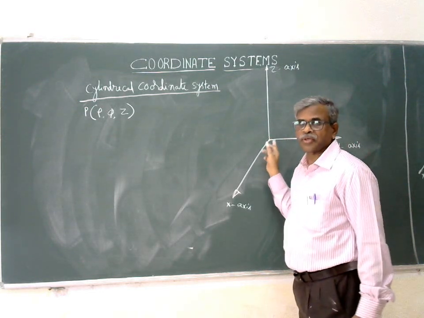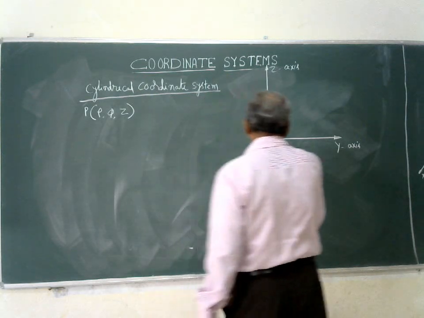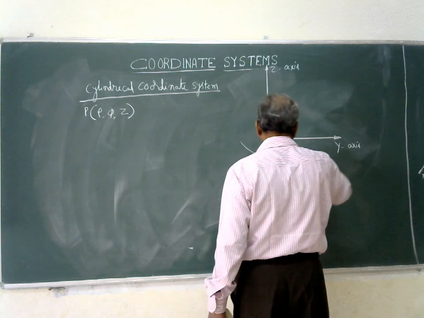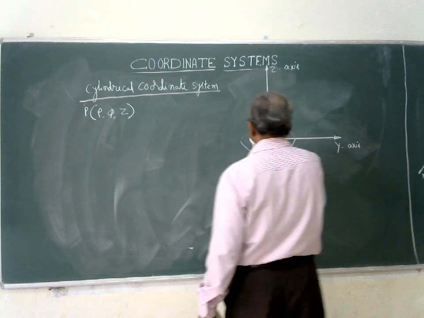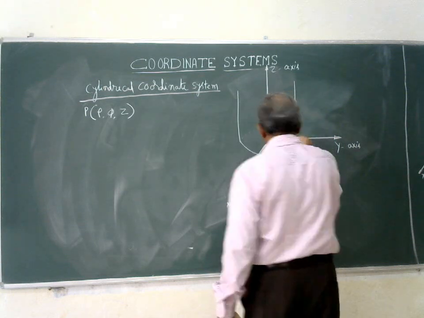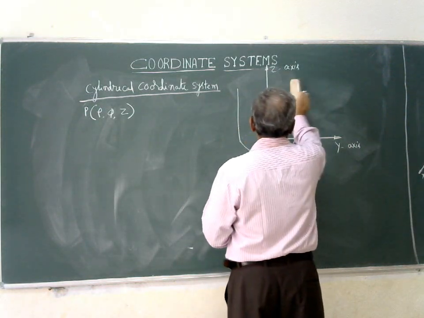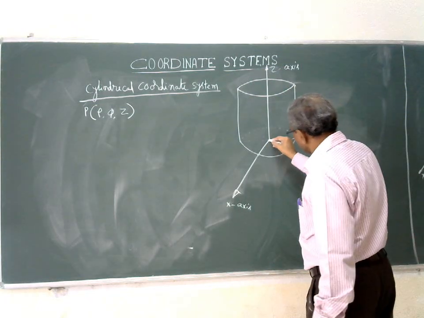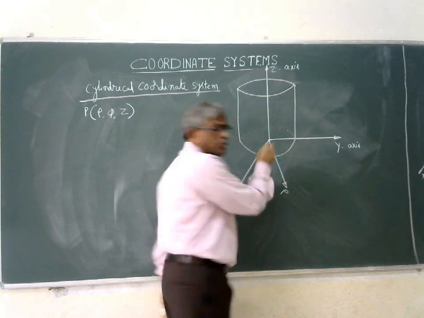They are mutually perpendicular to each other, and rho is the radius of the circular cylinder. This is rho, this is the angle phi.